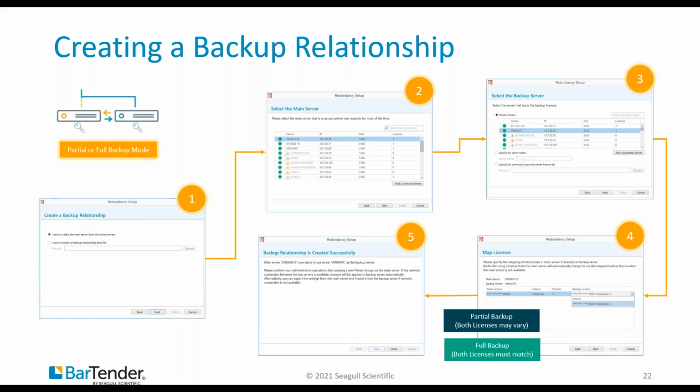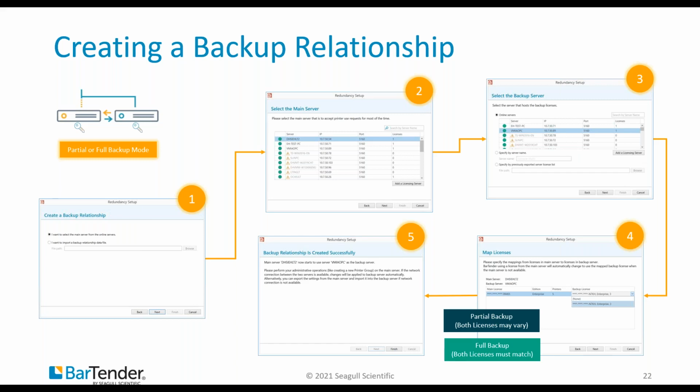Like I said, with BarTender 2019, we redesigned the licensing model where you can host multiple licenses on one server. You can partition the licenses into multiple partitions and printer pools. If you have that set up, then you will be able to asymmetrically assign those licenses according to the printer partitions that have been configured in that main server.